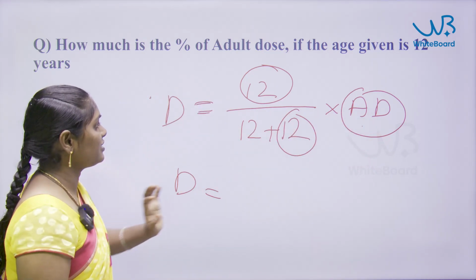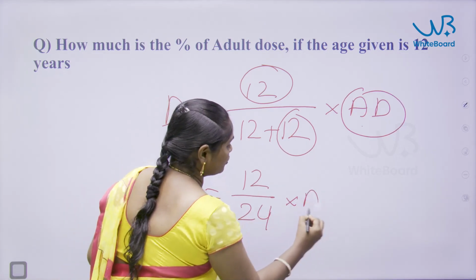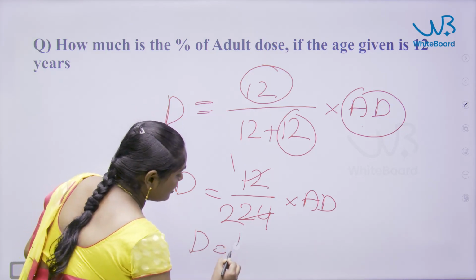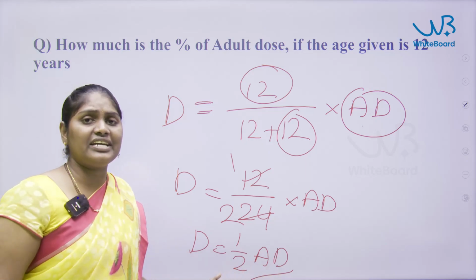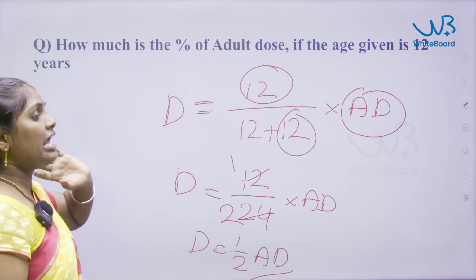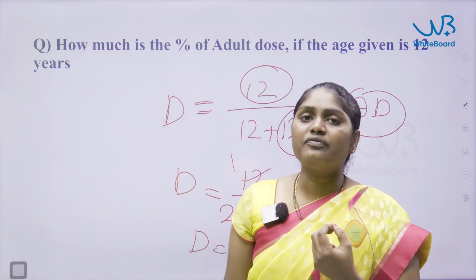That is nothing but the child dose is 12 by 24 into adult dose. How much adult dose do I have to use for the child dose? Usually half of the adult dose, meaning 50%. If the option is 50%, you can put it as 50% of the adult dose.